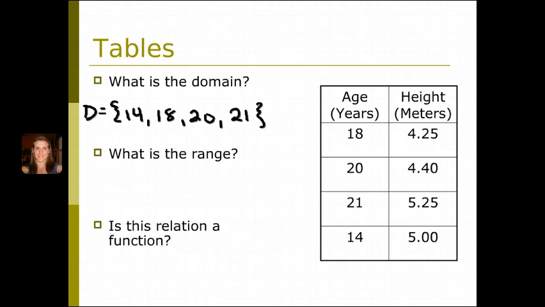For the range, we have 4.25, then we have 4.40, I'm just going to put 4.4, then our next value should be 5, or 5.0, and then 5.25.